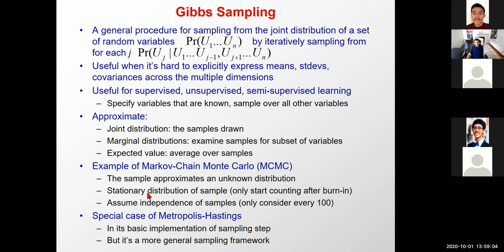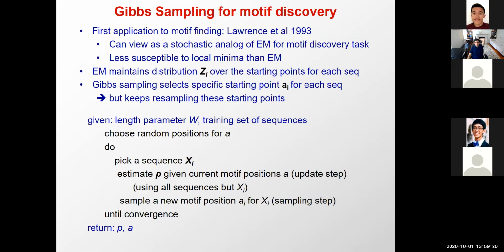Then that stationary distribution allows you to estimate it directly from that sampling. It's also a special case of Metropolis-Hastings in its basic implementation of the sampling step, but it's a much more general sampling framework.